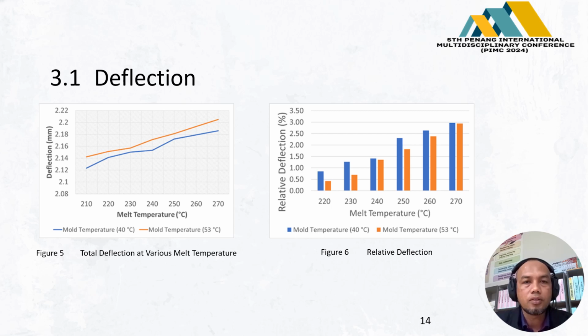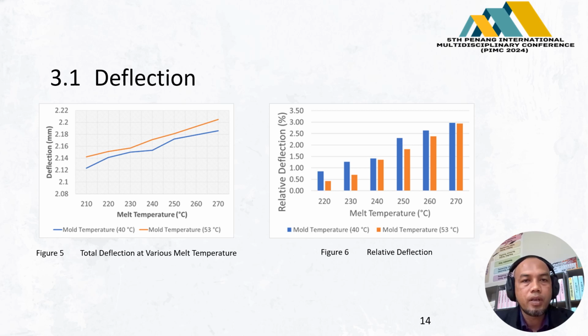However, throughout the entire range of melt temperatures, the amplification values consistently favor the 40 degrees Celsius mold temperature over the 53 degrees Celsius mold temperature.